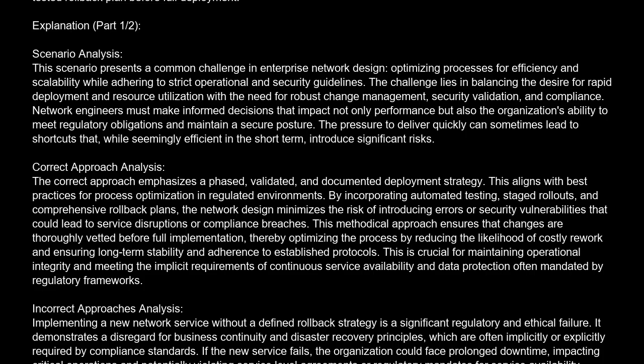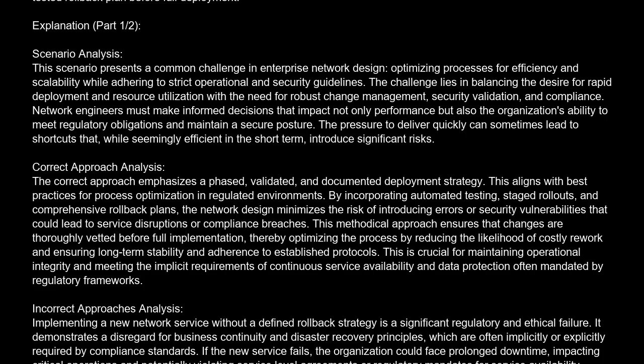This methodical approach ensures that changes are thoroughly vetted before full implementation, thereby optimizing the process by reducing the likelihood of costly rework and ensuring long-term stability and adherence to established protocols. This is crucial for maintaining operational integrity and meeting the implicit requirements of continuous service availability and data protection, often mandated by regulatory frameworks. Incorrect approaches analysis.